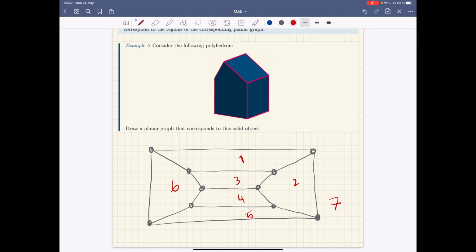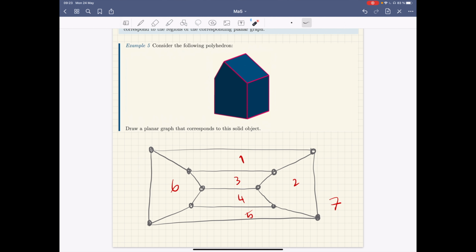Okay. And then how many faces do you have in your polyhedron before smashing it to the ground? It should be 7 if I am right. Yes? Oh yeah, the bottom also. The bottom also, yes? So how many faces do you see in this solid object? Exactly, it is equal to the number of regions that you get in the associated planar graph.